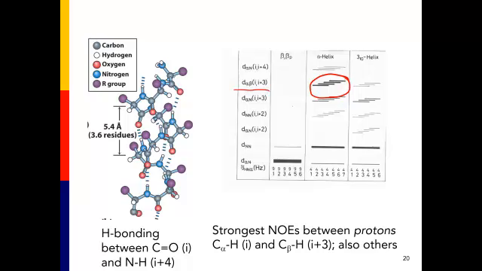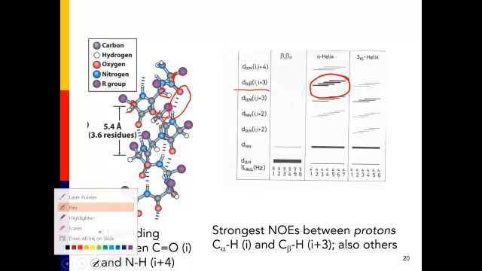If we call this residue 1, 2, 3, 4, that hydrogen bond is between the carbonyl oxygen and the amide proton of I to I plus 4. For the NOE, the proton signals, let me change colors here.